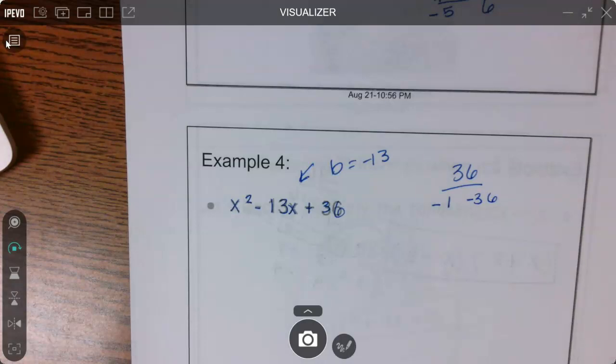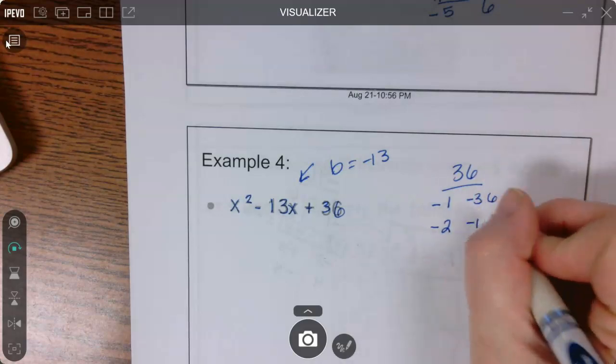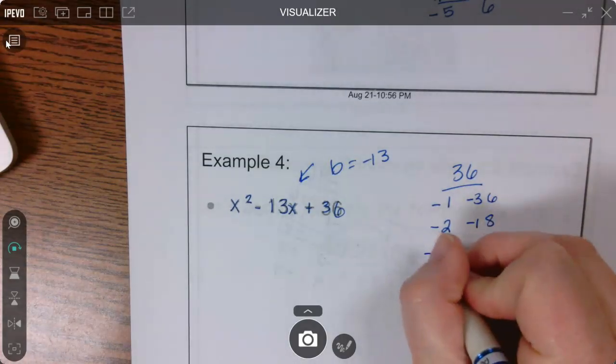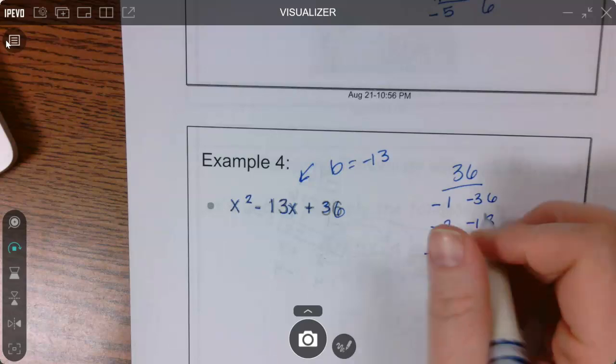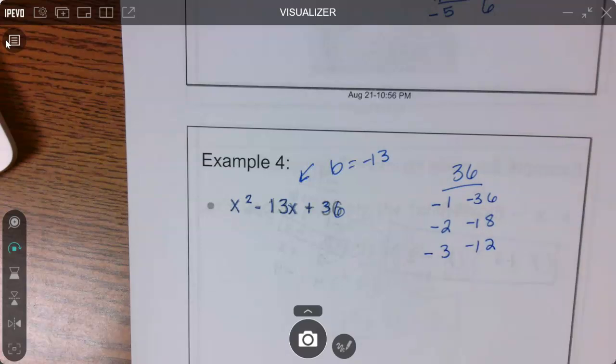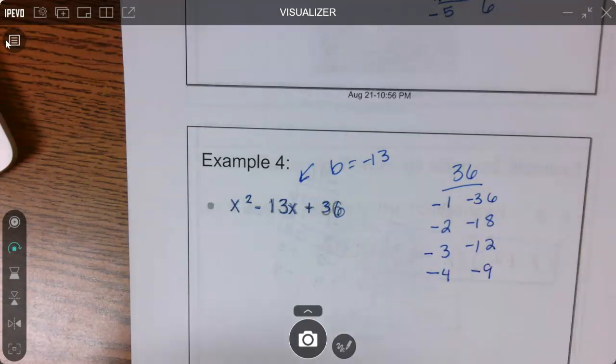All right, and then negative 2 and negative 18. And then you would have negative 3 and negative 12. Then you have negative 4, negative 9.